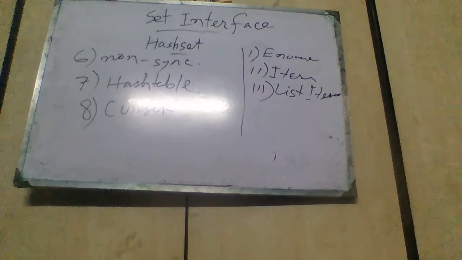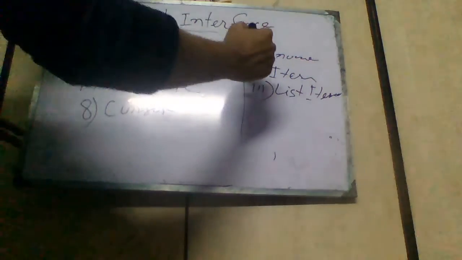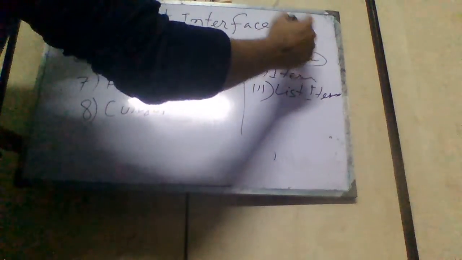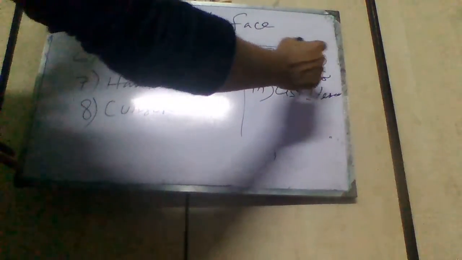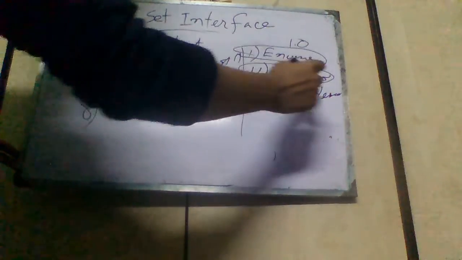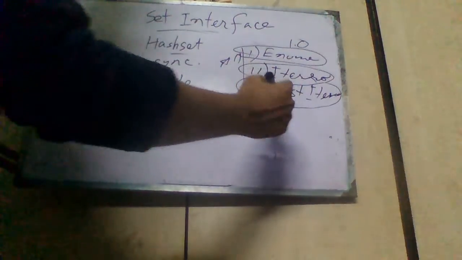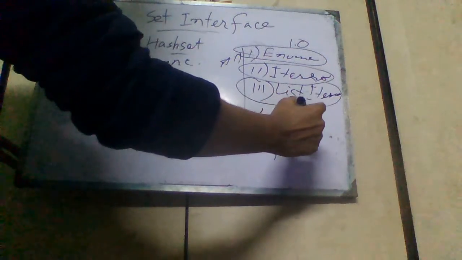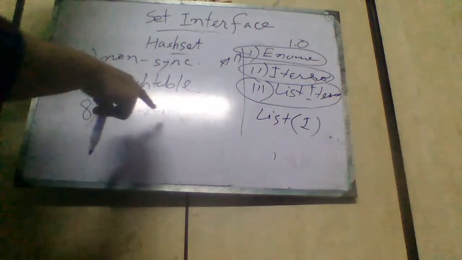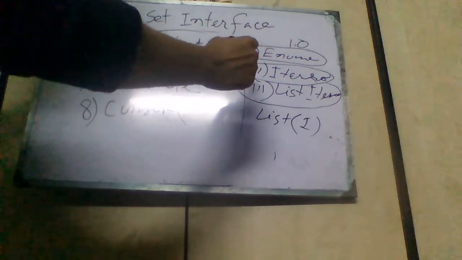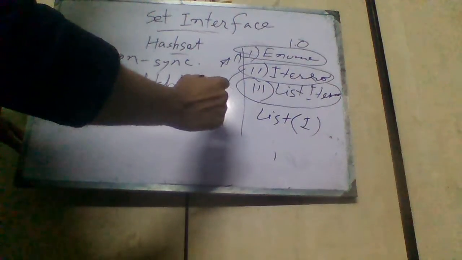Those cursors are used for accessing values from the collection. Enumeration is only used in Java API version 1.0, the Iterator cursor can be used for all versions, and ListIterator is just used with the List interface. So which cursor is applicable here? Only Iterator.